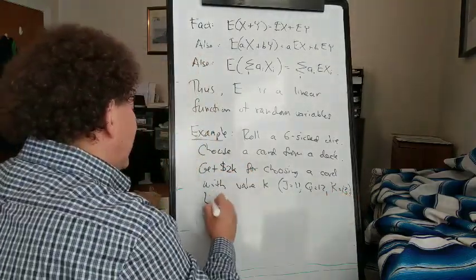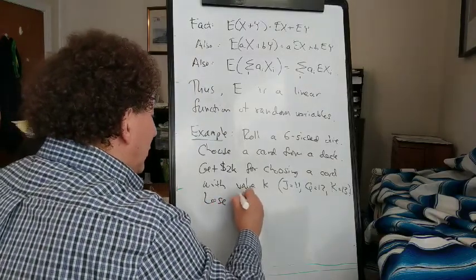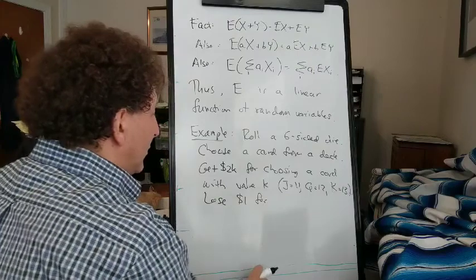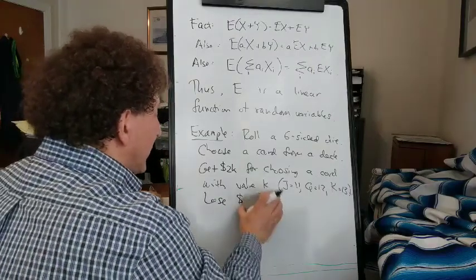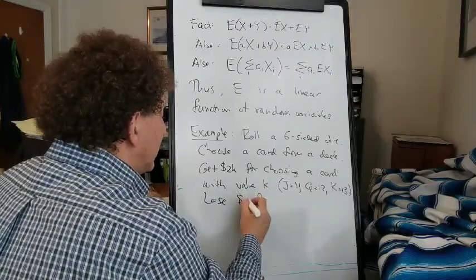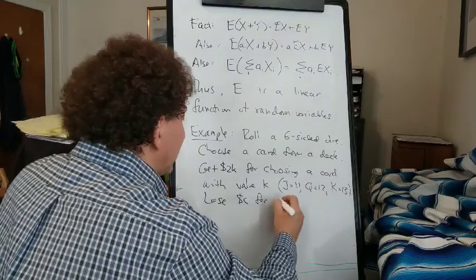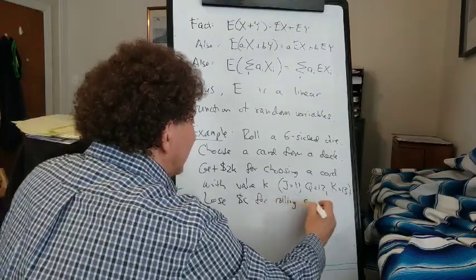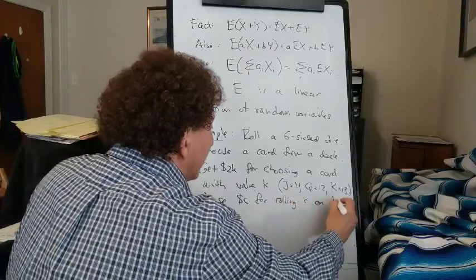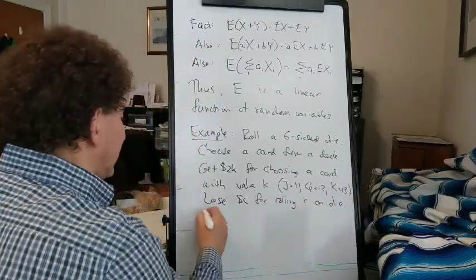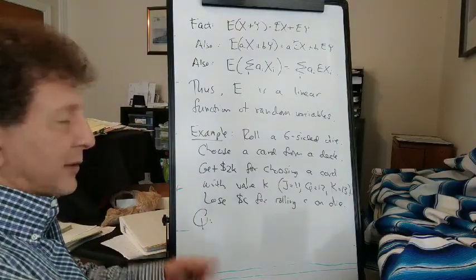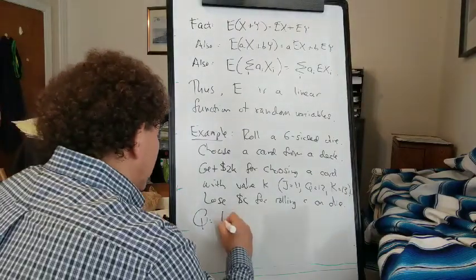And let's say we lose C dollars for rolling C on the die. So the question is, what's your expected prize if you play this game?